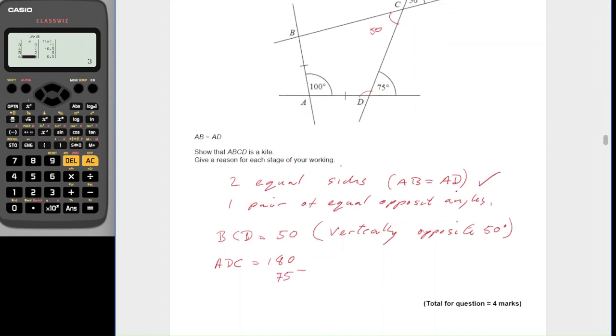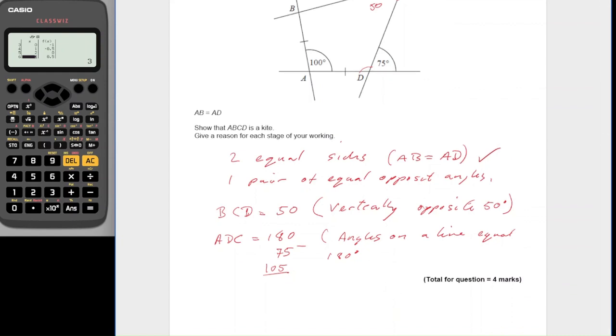So that's going to be equal to 105. And the reason for that is angles on a line equal 180 degrees. And then finally, I'm going to say angles in a quadrilateral need to add up to 360.